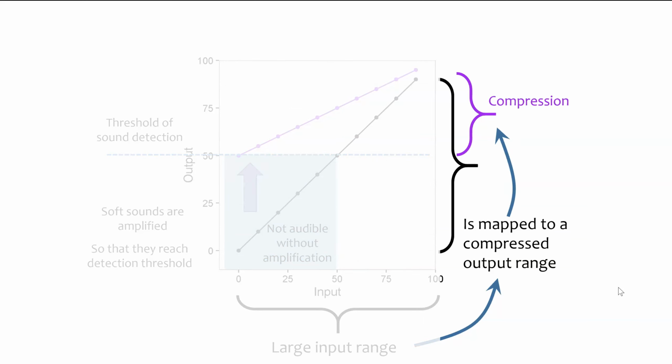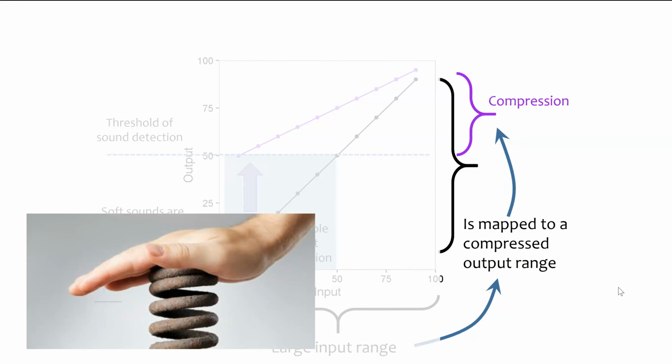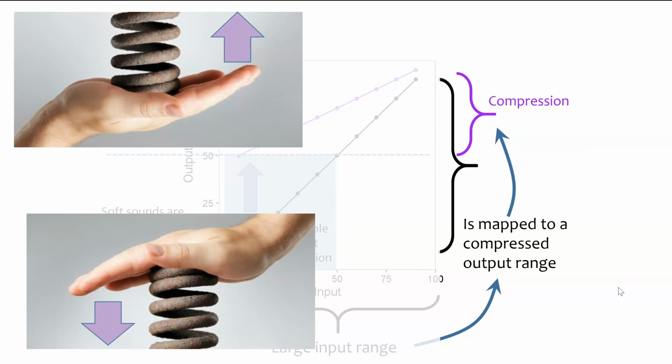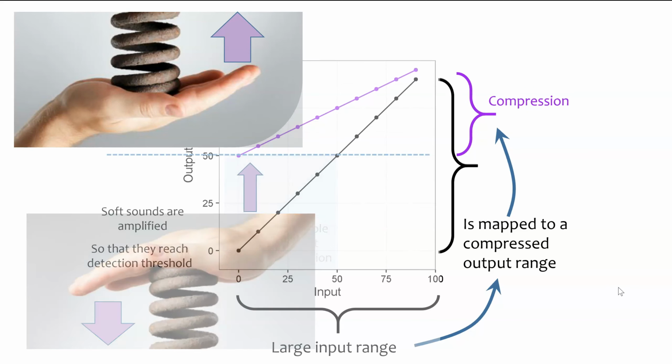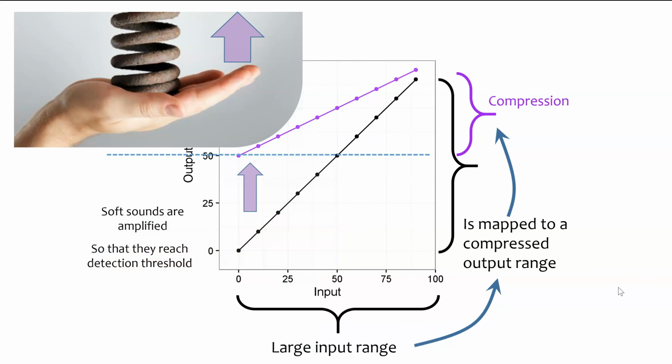Now I know that this can seem a little counterintuitive, because compression usually means you're pushing down on something. But imagine that this hand and this spring were just upside down. You can also compress it upwards. And that's the kind of compression that we're talking about in the inner ear here. Because what we're doing is accommodating the fact that those inputs that are lower in intensity would essentially wipe away half of our input range.